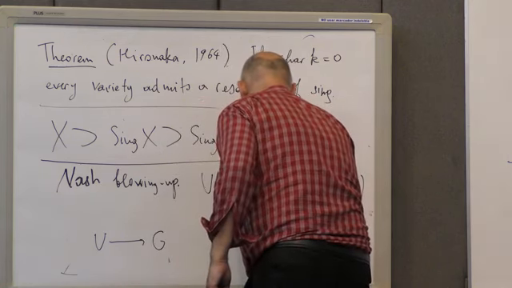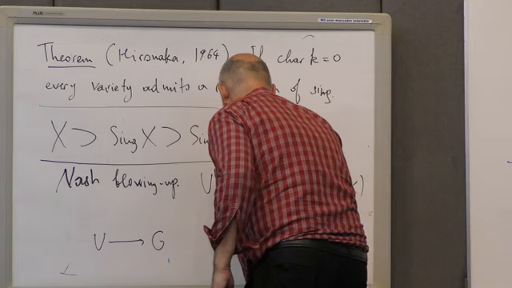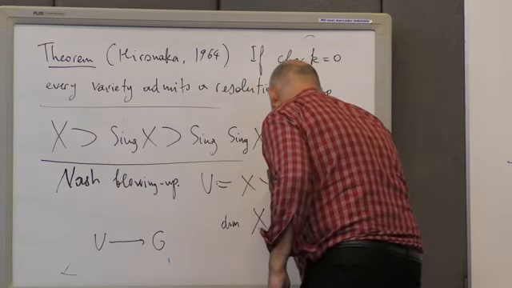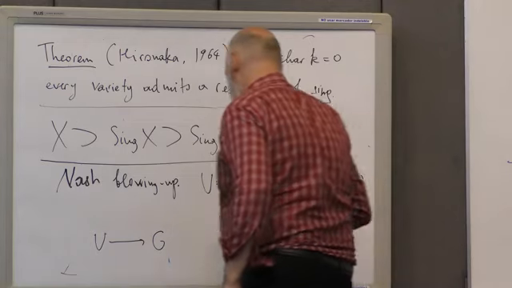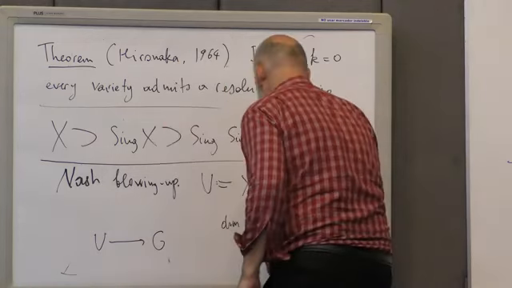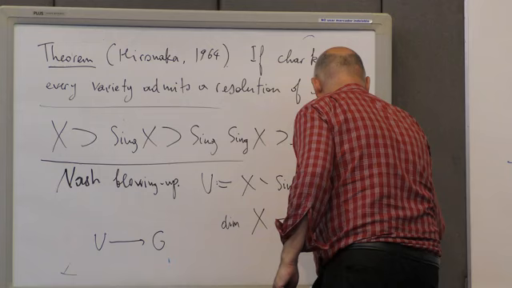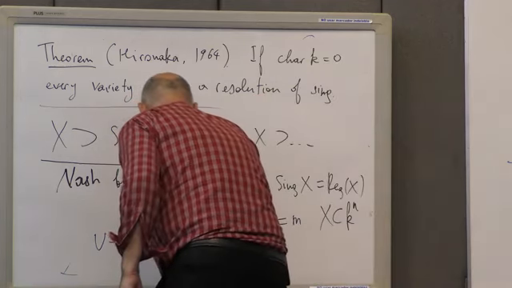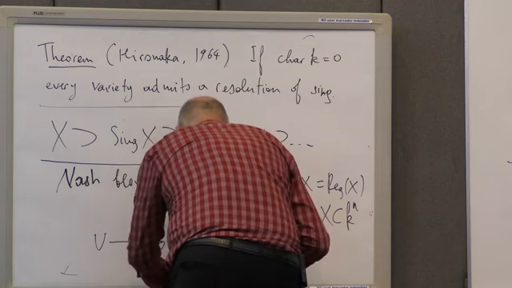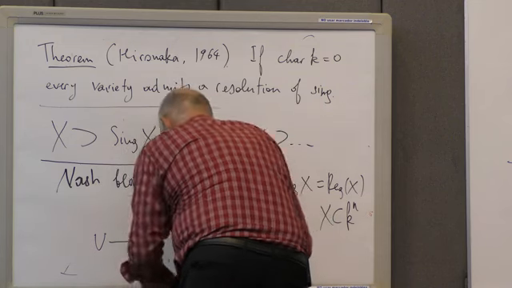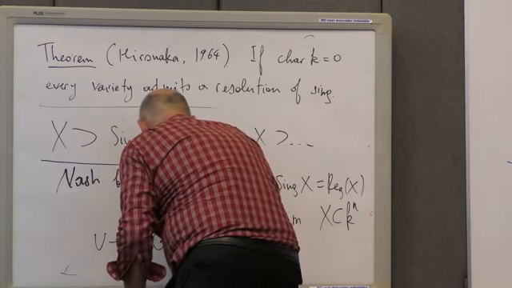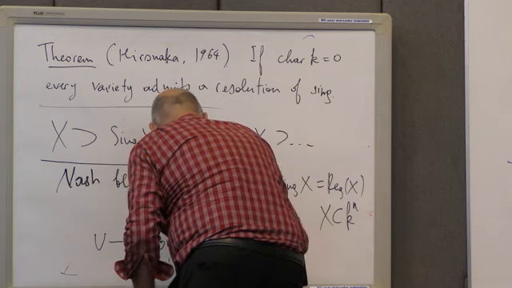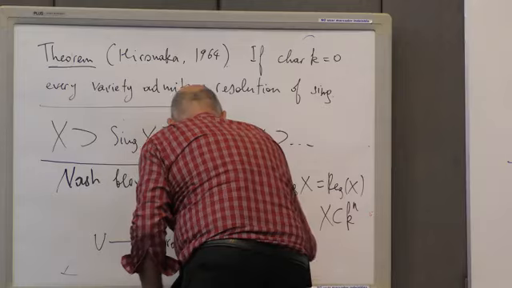Let's say the dimension of X is M, and X is affine, embedded into n-dimensional Euclidean space. So let's consider the Gauss map, which goes from the non-singular locus to the Grassmannian of all M-planes in N-space. I'll denote this Grassmannian by G.